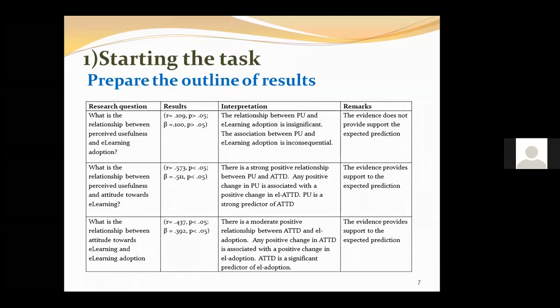This step is necessary because certainly you will need this information to support your assertions as you make your discussion in the discussion chapter. Remember one thing, your supporting literature in the discussion section must be consistent with what is in your literature review section.